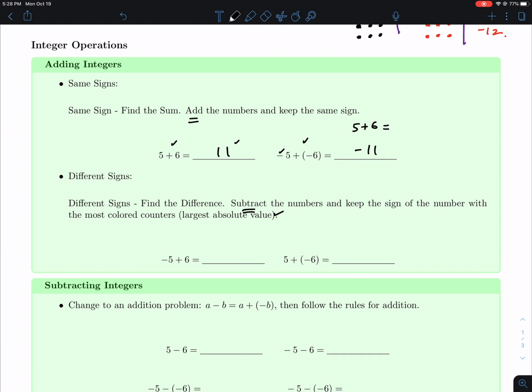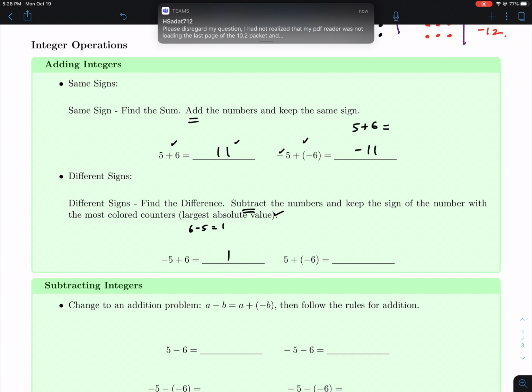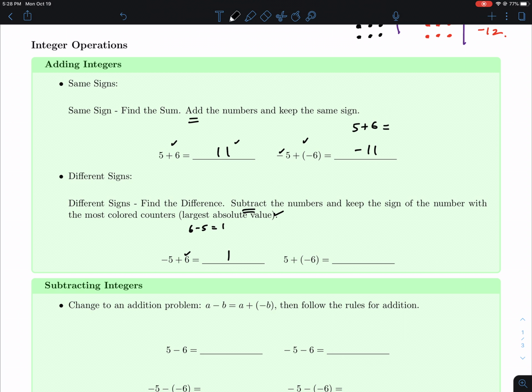So in this case, negative 5 plus 6, we're going to subtract. 6 minus 5 gives me a 1. 6 is the positive number and it's the biggest, so our answer would have to be positive 1, and we're done. Same thing here, 5 plus negative 6. We'd start off by subtracting them. 6 minus 5 is 1. But since 6 is our biggest number in absolute value and it has a negative sign, our final answer would have to be negative.